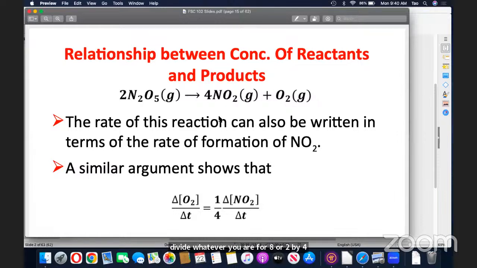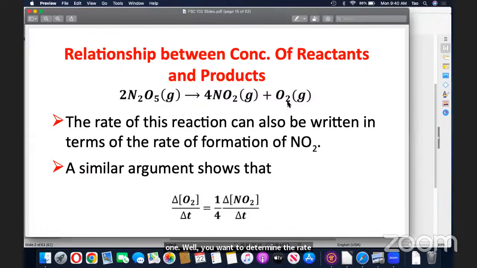I'll take that again because I don't want any confusion around this. These are important questions that you are likely going to be getting, and you're definitely going to be seeing them as you go through this course. You have 2 N2O5 giving 4 NO2 plus 1 molecule of O2. You want to determine the rate of formation of O2.